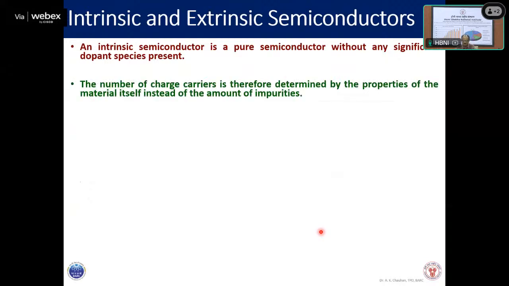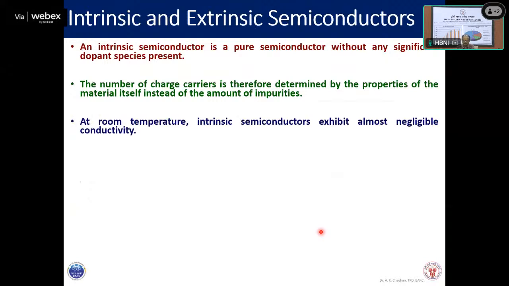There is no other impurity. So the number of charge carriers is determined by the properties of the material itself instead of the amount of impurities. You are not adding any impurity, and therefore whatever the properties of pure silicon are, that will be the property of your semiconductor.